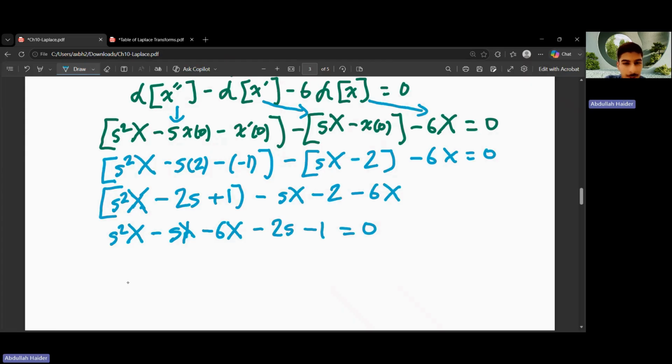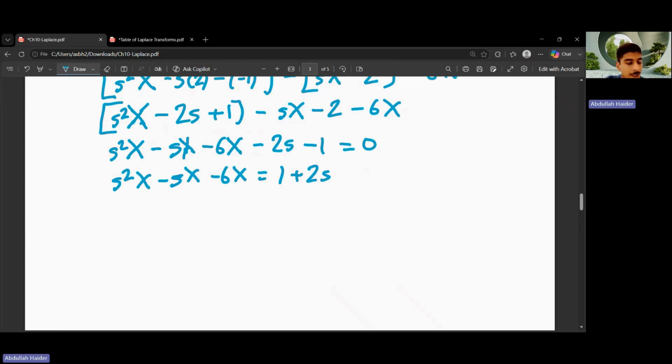Our goal is to keep everything which has X on the left side and take the rest to the right side. So s squared big X minus s big X minus 6 big X is equal to the remaining terms which do not have the big X: 1 plus 2s.